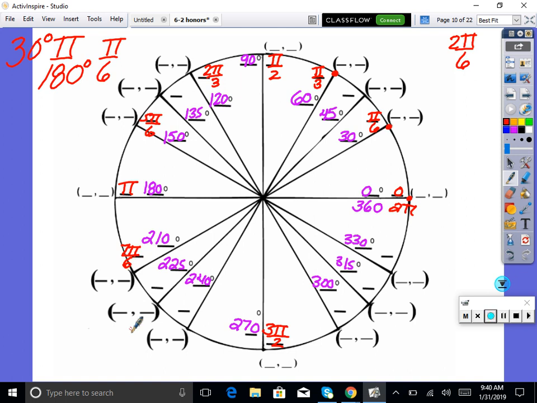Now right here, 8 pi sixths, which is 4 pi thirds. 9 pi sixths, we're good. Keep going. 10 pi sixths, 5 pi thirds. And then 11 pi sixths. And then make sure you end up in the right spot. 12 pi sixths. And that would be 2 pi. So do you guys see how that filled it in pretty nicely?